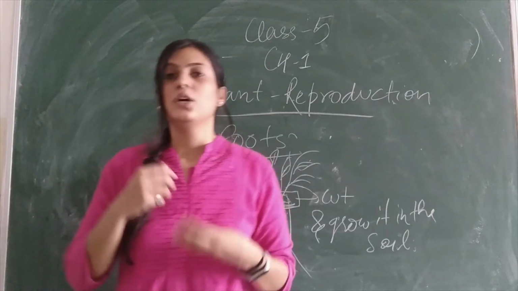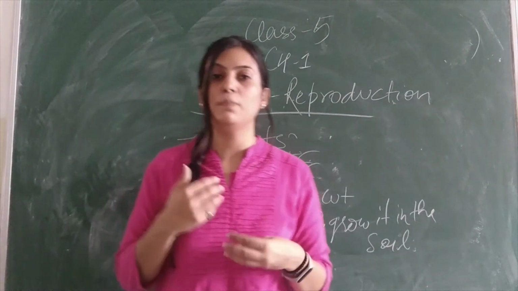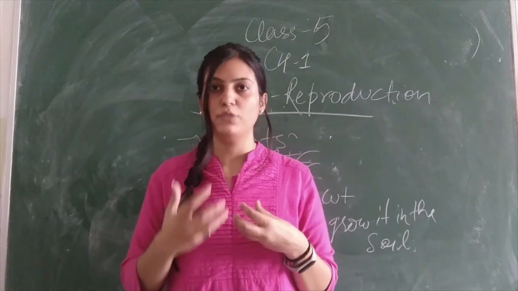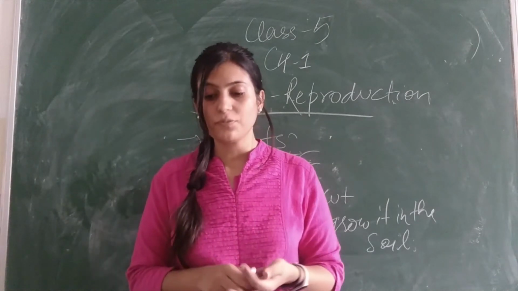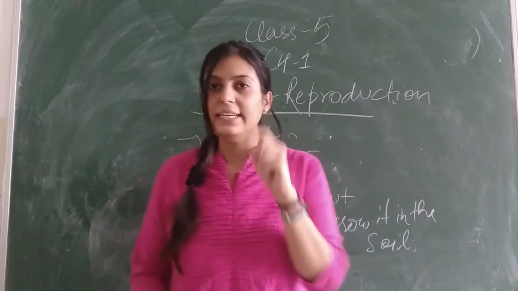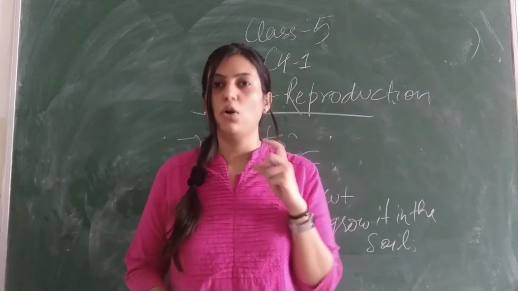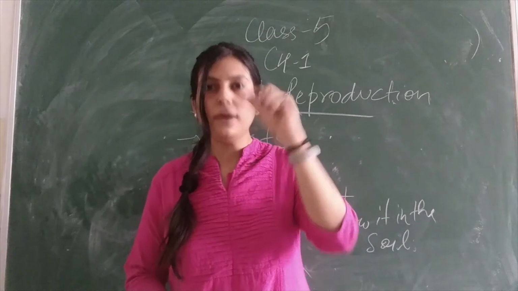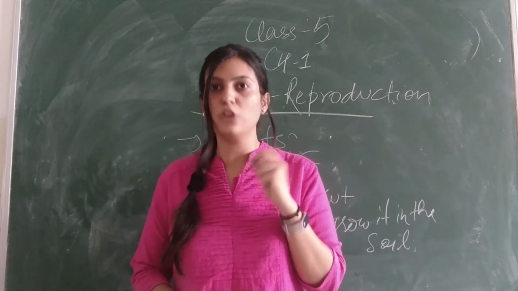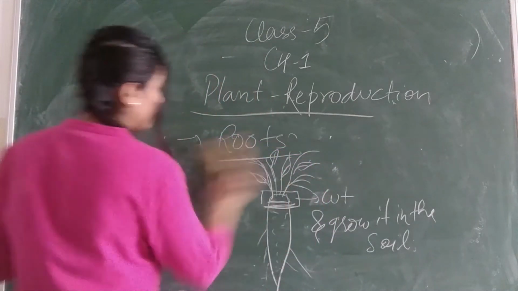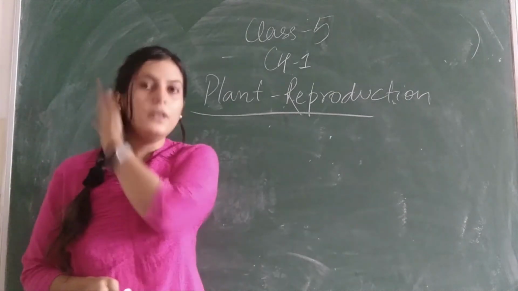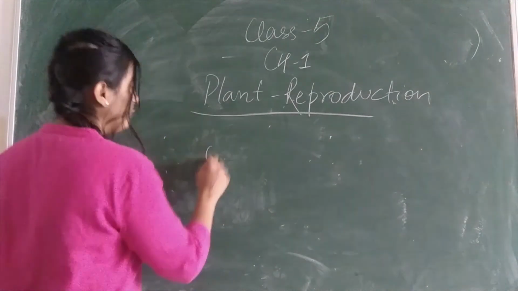Next is leaves. How do plants reproduce with the help of the leaves? There are some tiny plantlets present on the leaves or tiny buds coming out from the leaves which help in the reproduction of the plant. For example, bryophyllum.